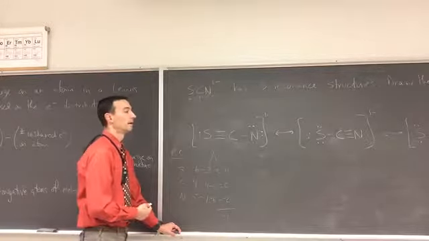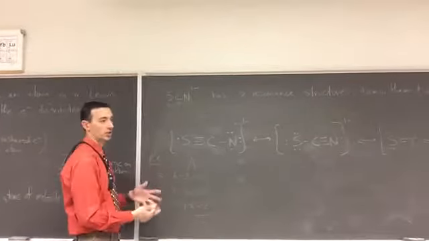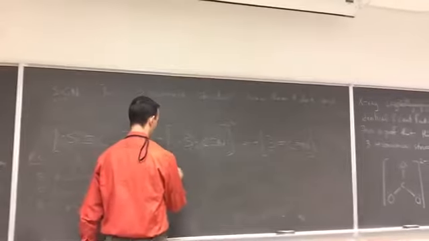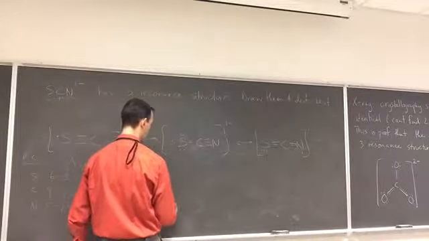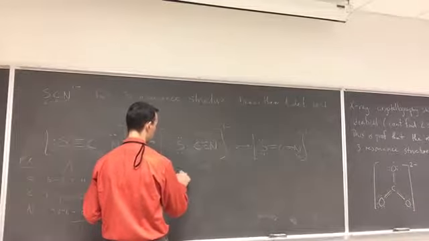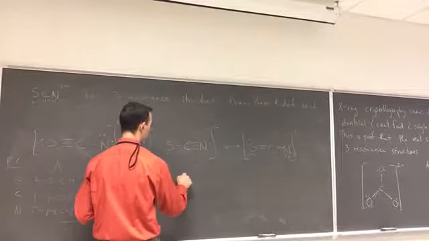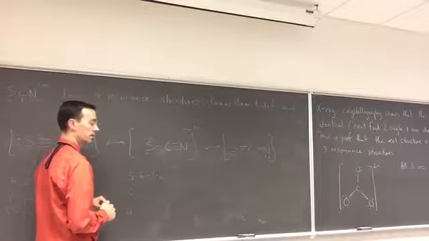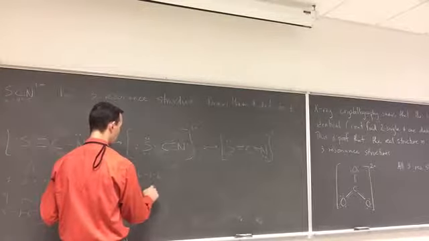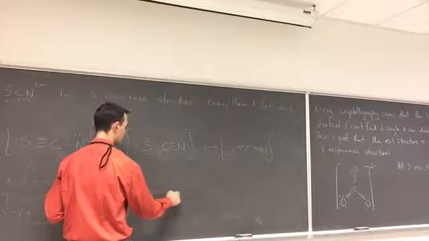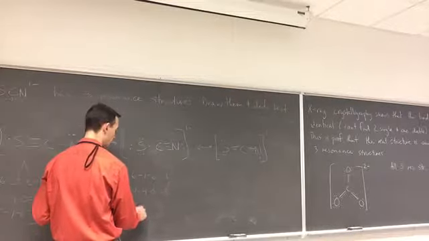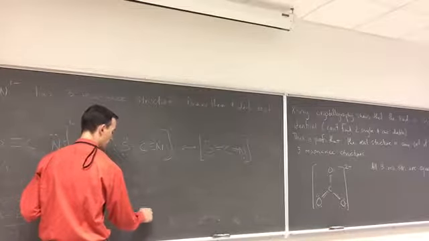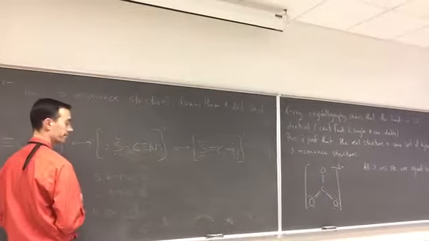Okay. Now we can't look at one set of charges and answer our question. We have to look at all our sets of formal charges. So we have to repeat this exercise. Sulfur in our second structure is 6 minus 1 minus 6, so it is a -1. Carbon is still 4 minus 0, so it's 0. And nitrogen is 5 minus 3 minus 2, so it's 0.